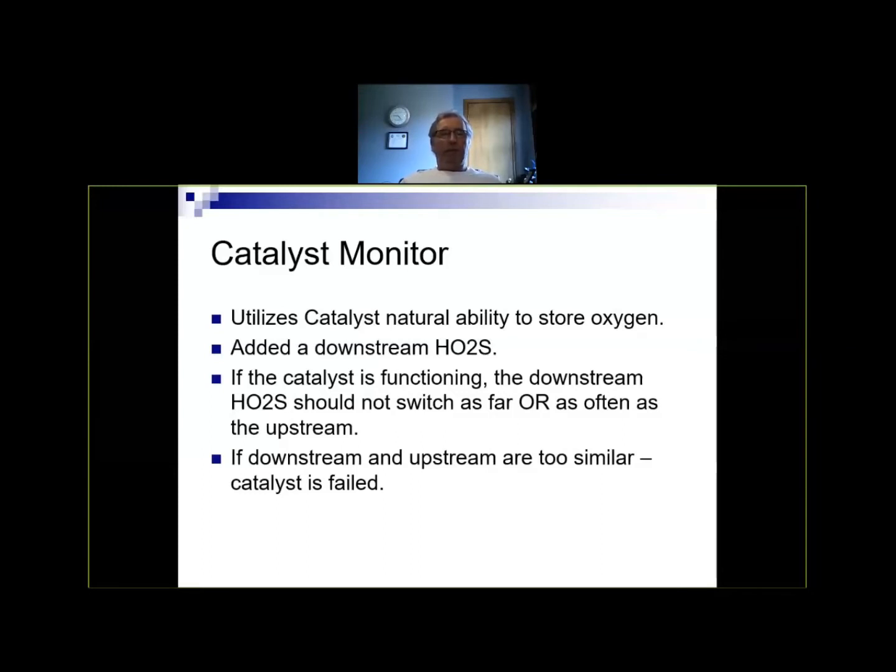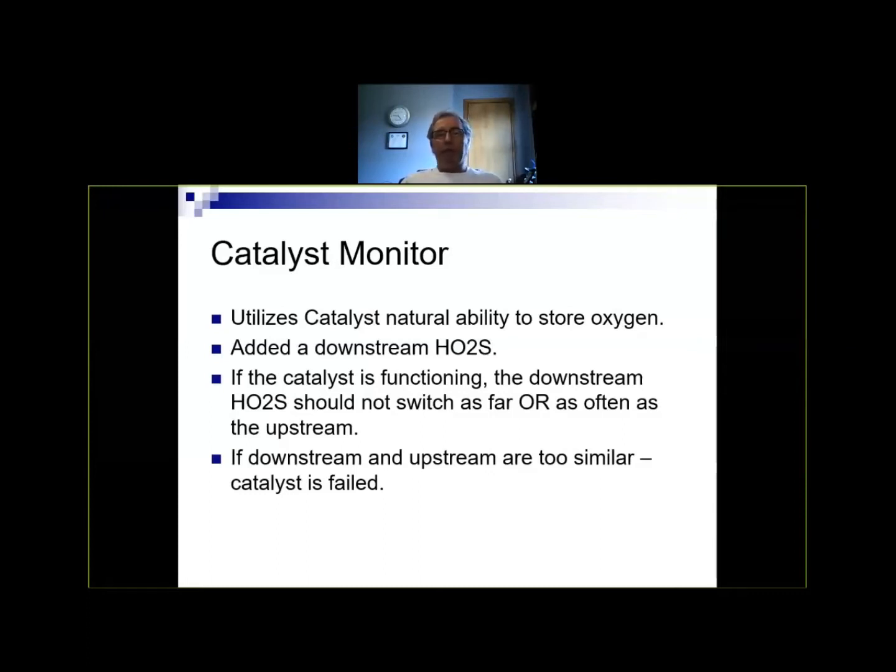And if the oxygen levels are varying just as much downstream as they are upstream, then the catalytic converter is not doing anything. If, on the other hand, you have wildly fluctuating oxygen levels in front of the catalytic converter upstream, and then kind of steady or flat oxygen levels downstream, then something's happening in that catalytic converter. It's doing something. So that's one way that the catalytic converter is monitored is by comparing that upstream oxygen sensor to the downstream oxygen sensor.